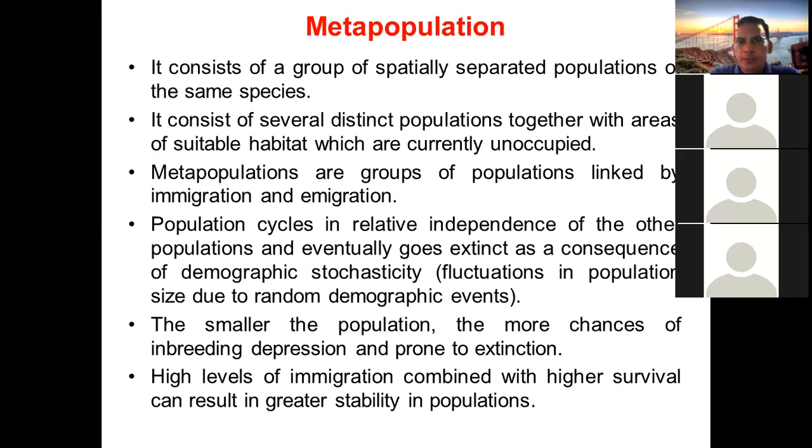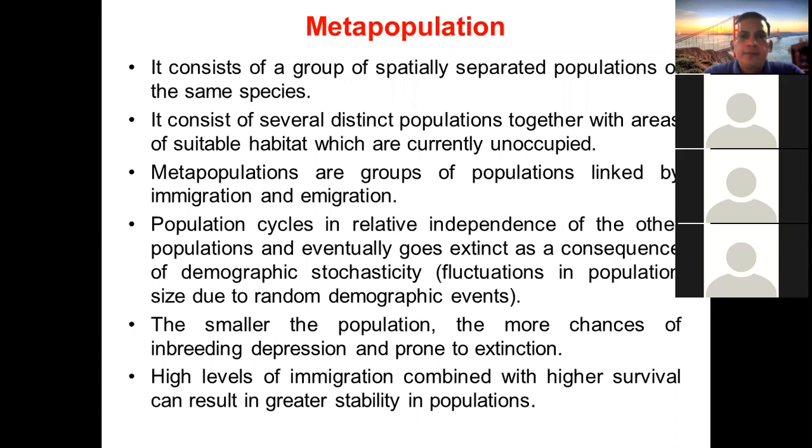So if there is a fluctuation in one population, then it will lead to a disturbance or fluctuation in the other population as well. The smaller the population, the more chances of inbreeding depression and going to extinction. If we have, let's say, some 5-10 individuals living in a specific area, and some natural calamity, let's say an earthquake, volcanic eruption, or drought, happens, then there are chances that that population of plants or birds or animals may be totally wiped off.